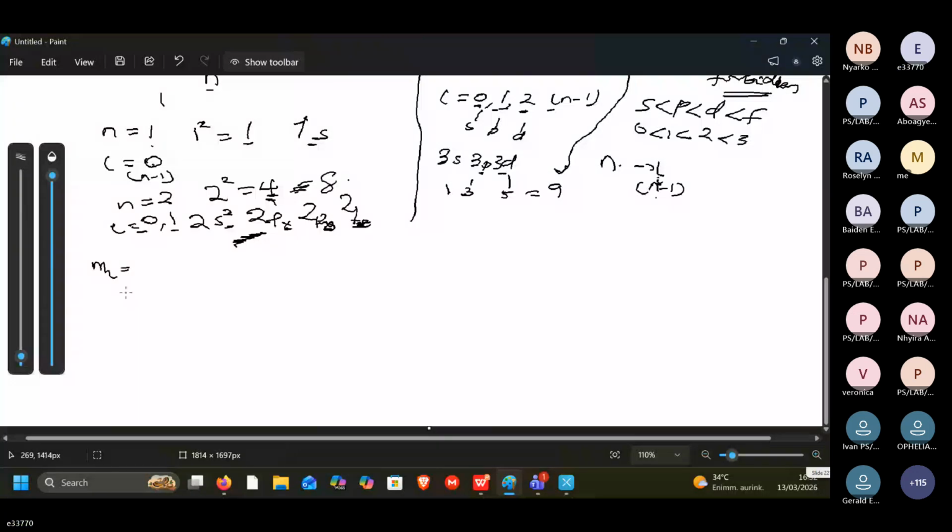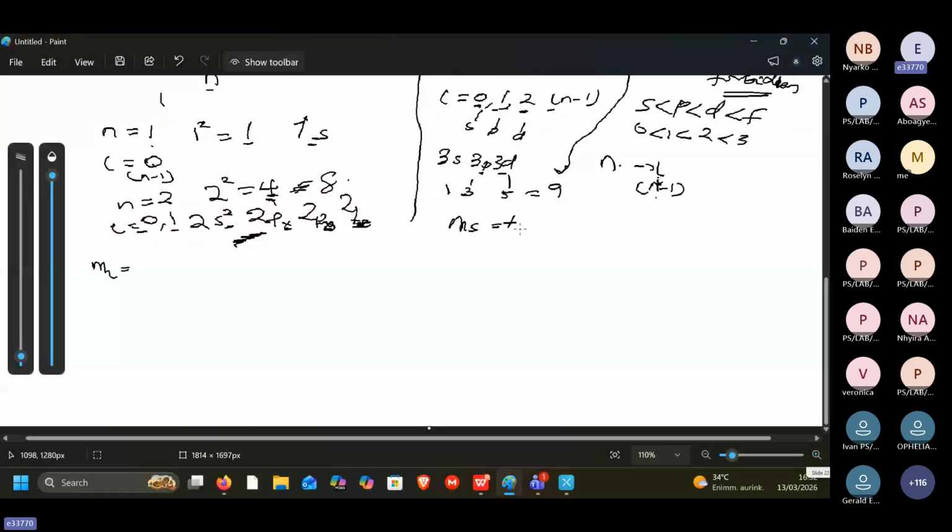Okay. Now the last quantum number which we mentioned earlier has to do with the MS. We said that the MS can either be plus half or minus half.